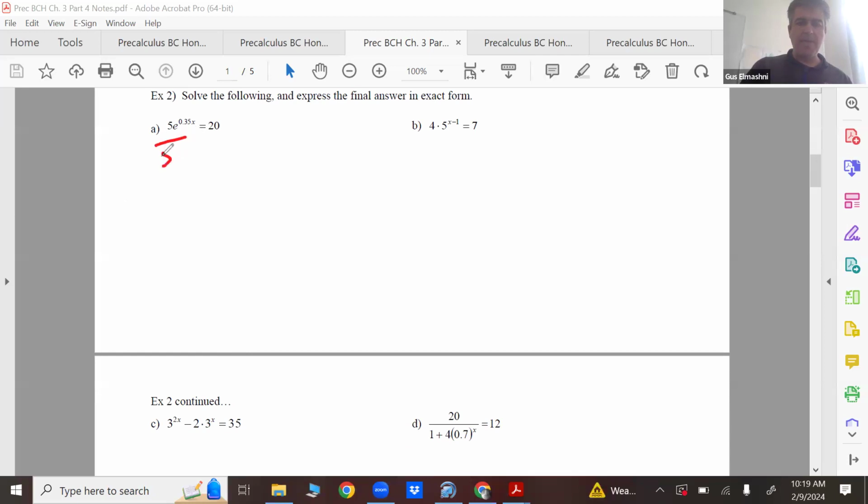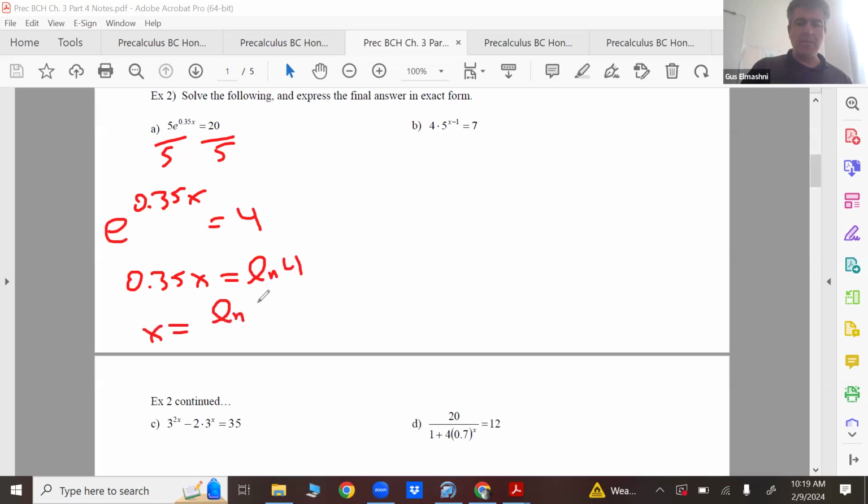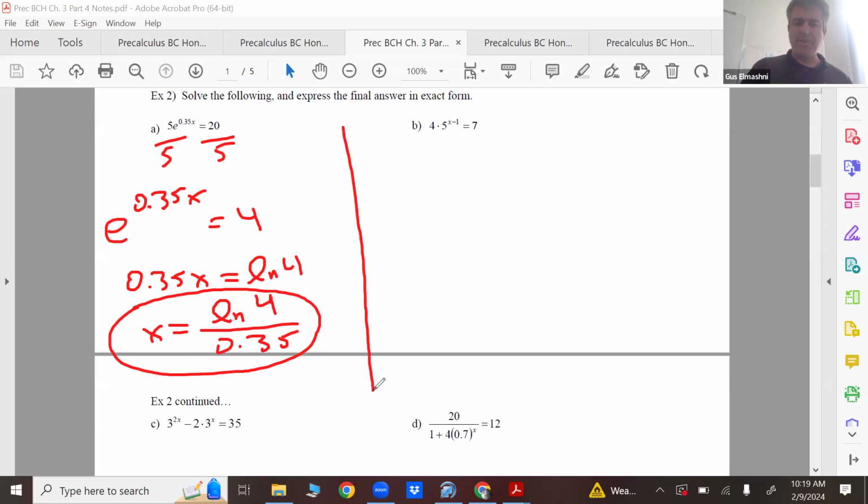So divide by 5, right? E to the 0.35x equals 4. And leave it like that because it's asking for exact form. So no need to do anything crazy here.